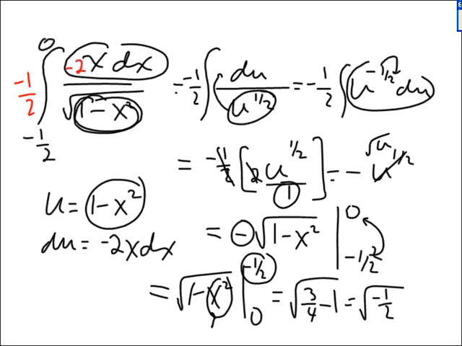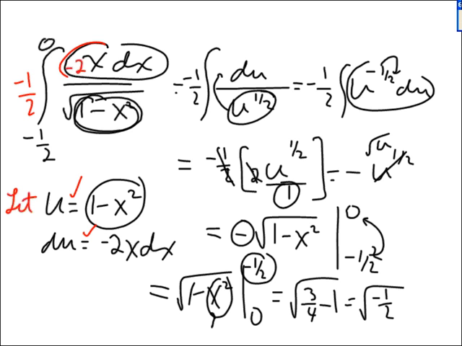Okay, so I agree with this equal sign and that equal sign. Well, I can't disagree with the first one because we're letting it be that. But once we let it, du equals negative 2x dx.